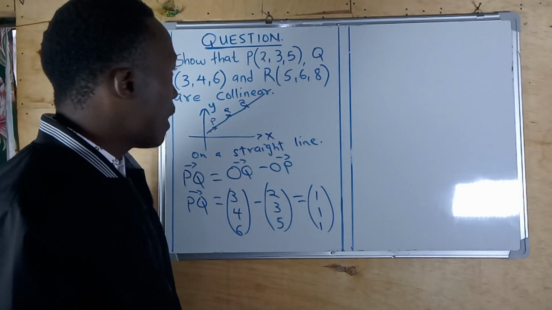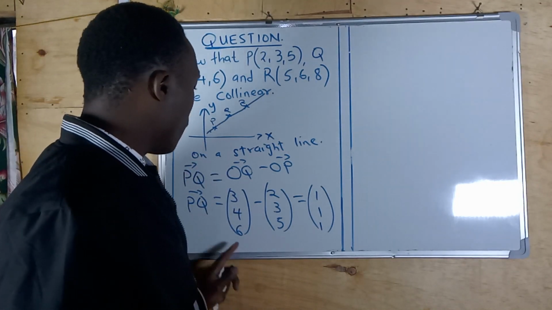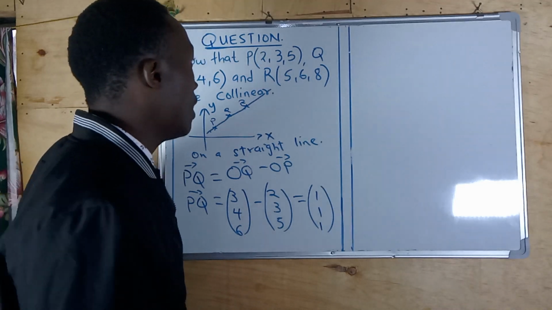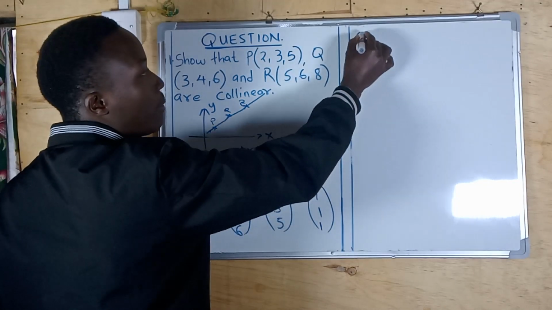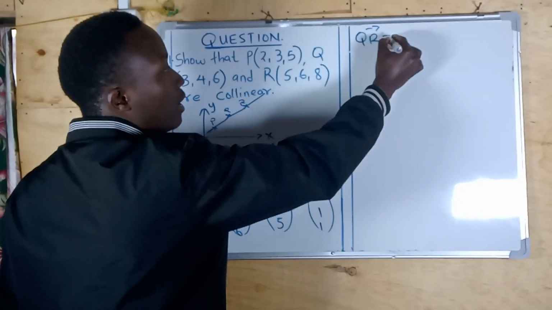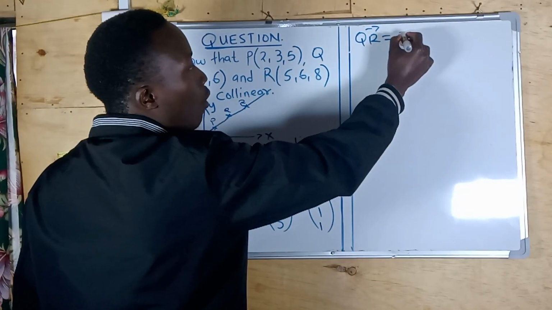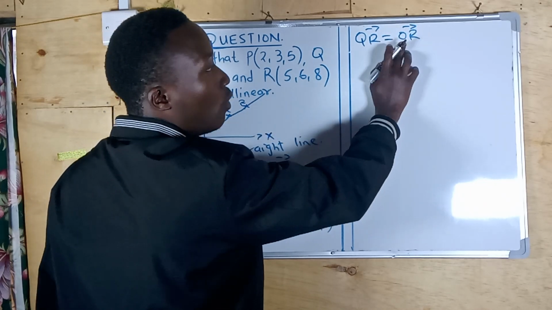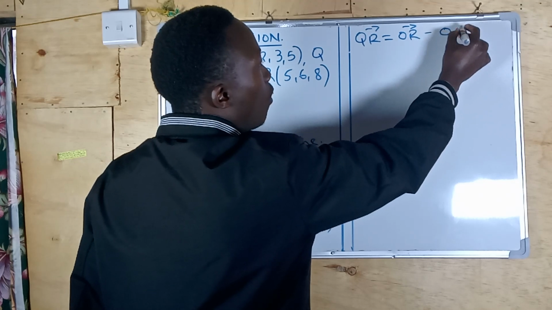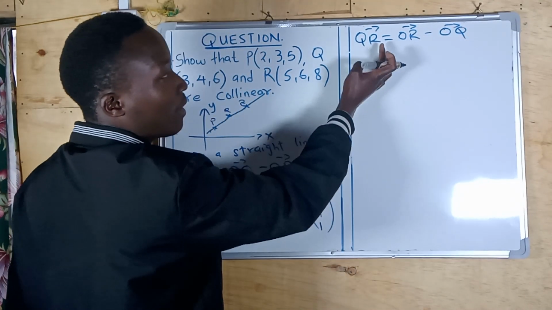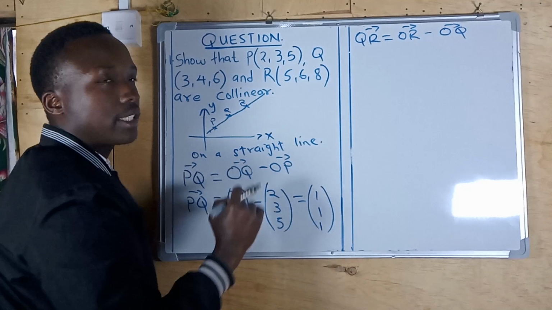Therefore, we are going to continue with finding the second position vector. We can decide to find the position vector QR. So the position vector QR is going to be OR minus OQ, where O refers to the origin, (0, 0, 0). So we start from the final vector minus the initial vector.